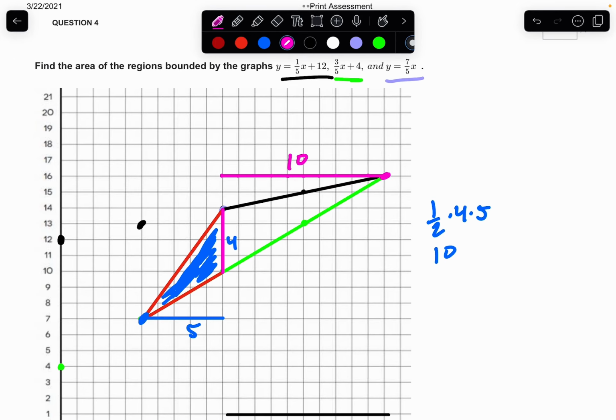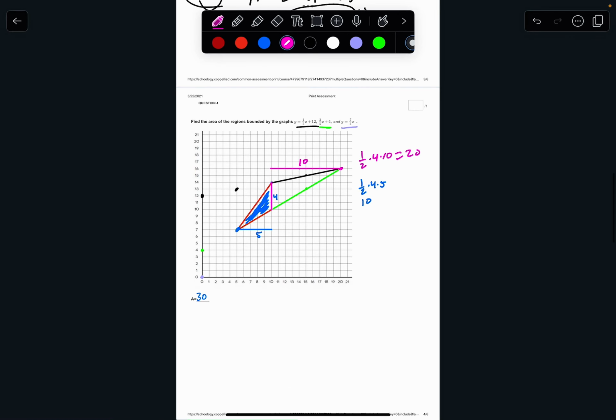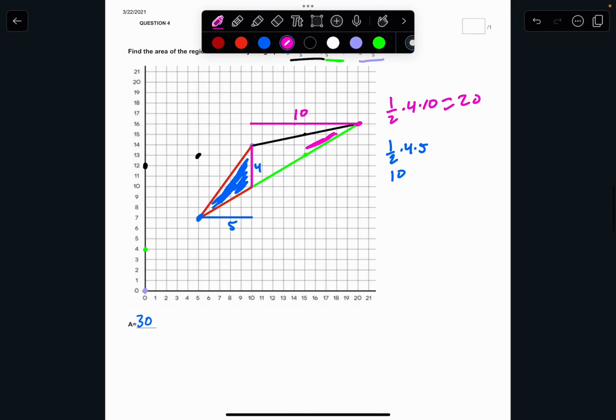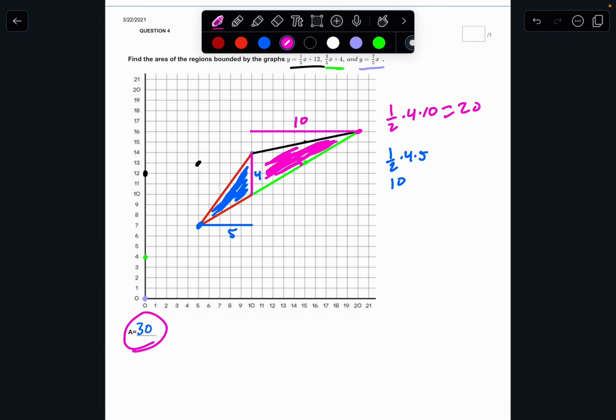So the pink side is 1/2 times 4 times 10, which is 20. And so the combined area of the pink side and the blue side must be 30. Nailed it. That's a tough question.